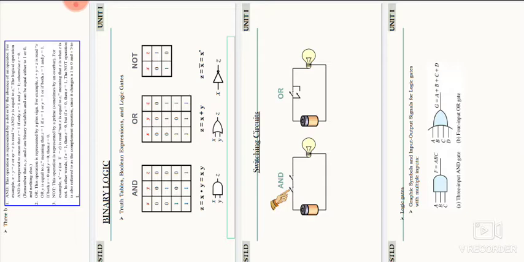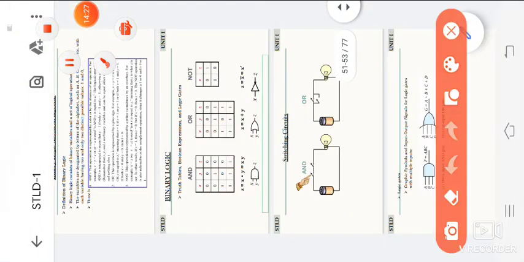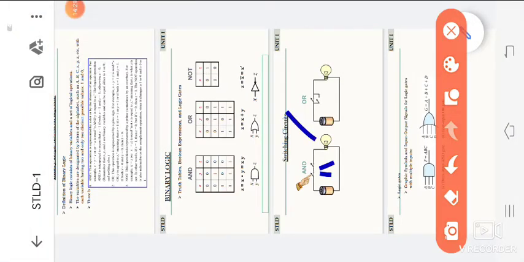So here we have to apply AND gate, and we are getting the output on an LED. Whatever the input we apply for the AND gate, only for the 1 1 condition, this LED will indicate. In all the remaining conditions, the LED will not give the output.